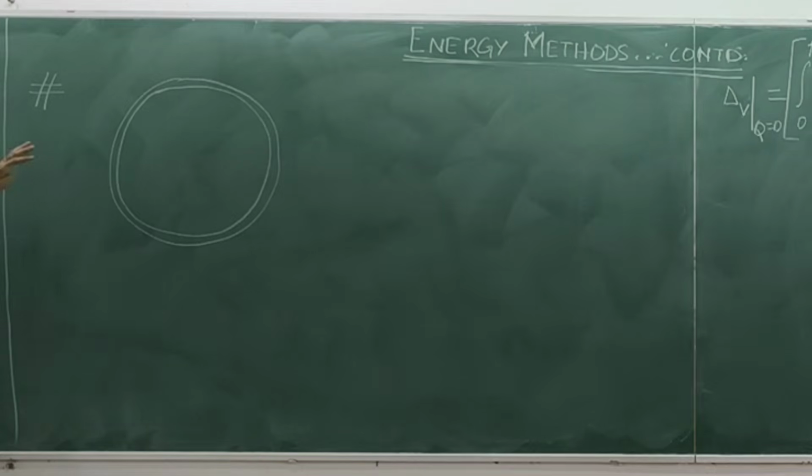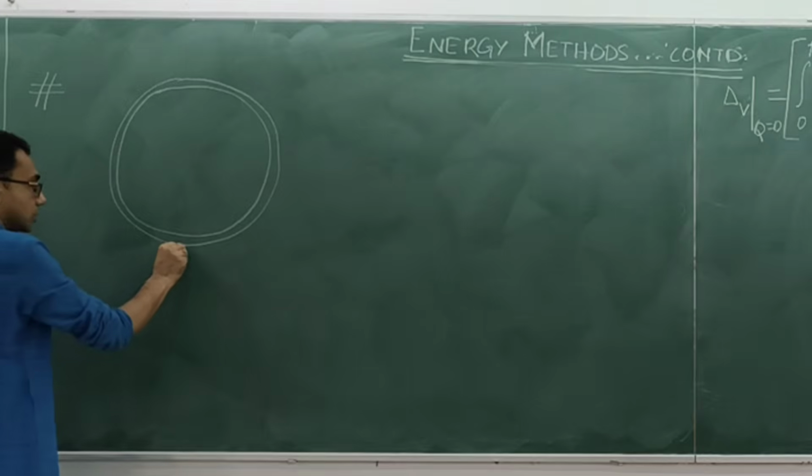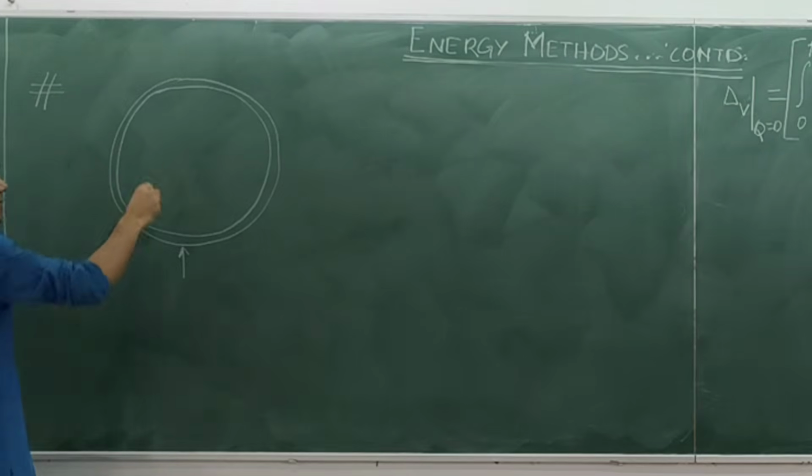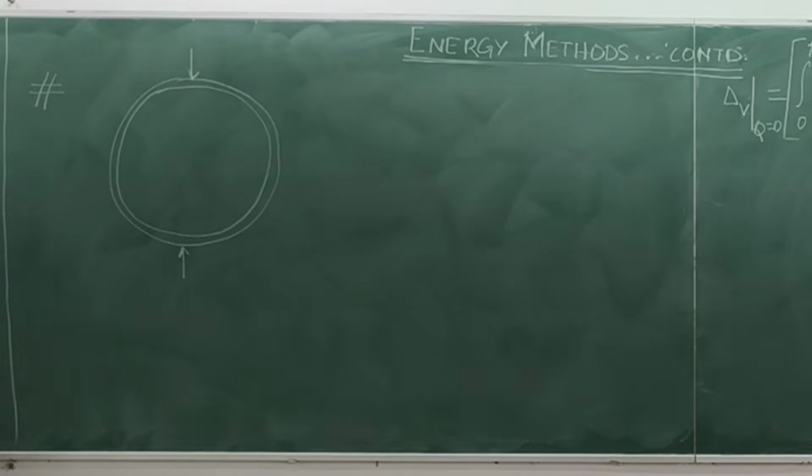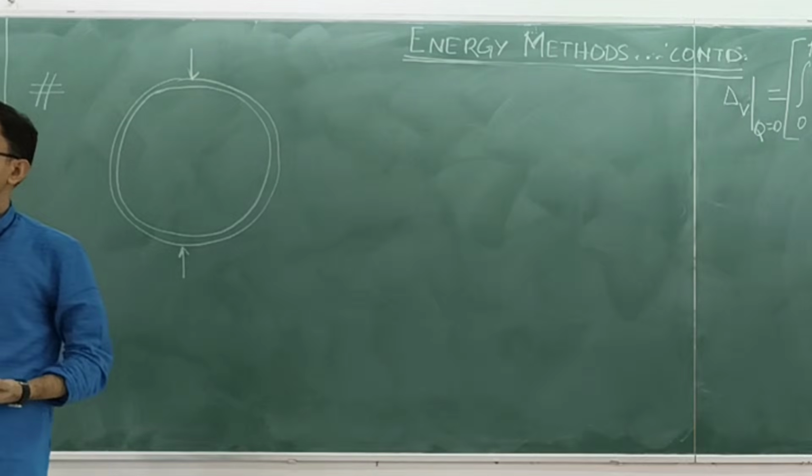Now, the load here could be like this or tensile also. It could be either way, either tensile or compressive. Now, you may wonder, am I just playing around here? Not like that. This is actually the basis of a device which is referred to as the proving ring.